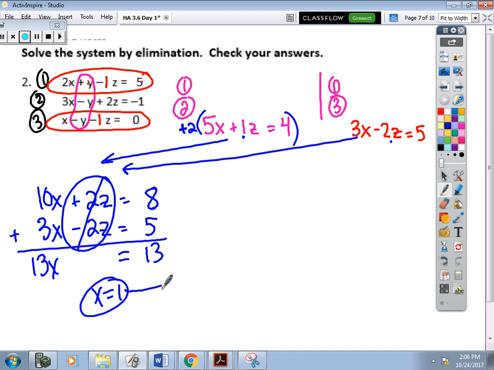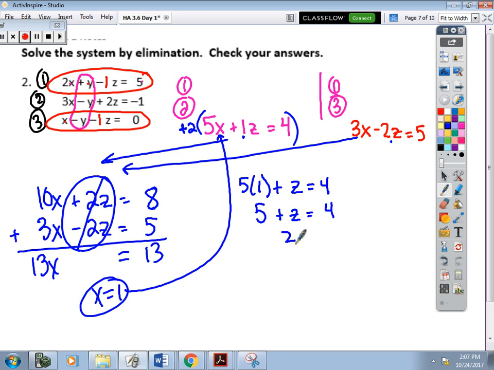Plug x back into either this equation or this equation, one of the two that has only two variables. We'll get z equals a negative 1. Now take both of these and plug it into one of the originals. Again, does not matter which one.